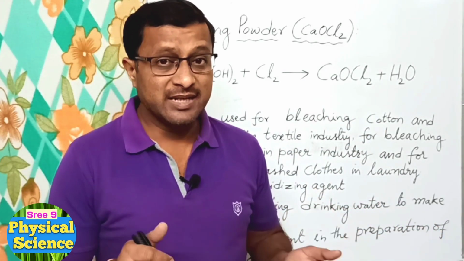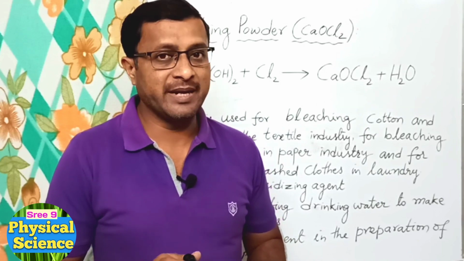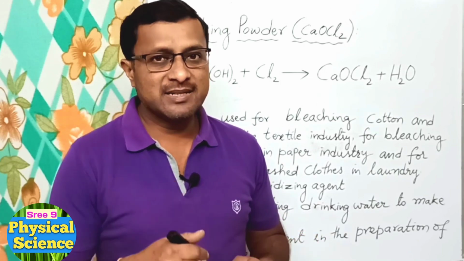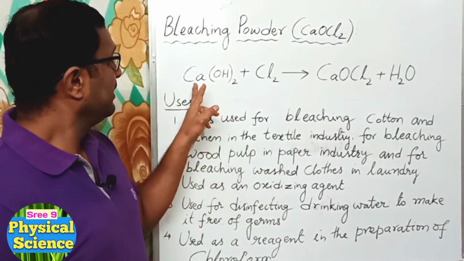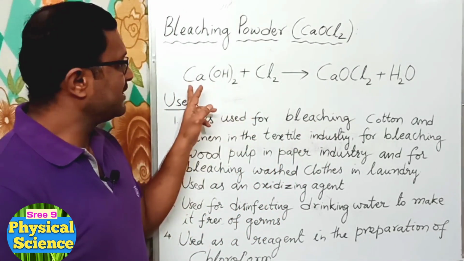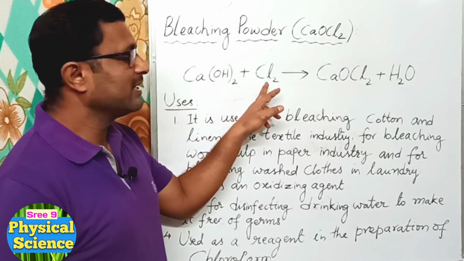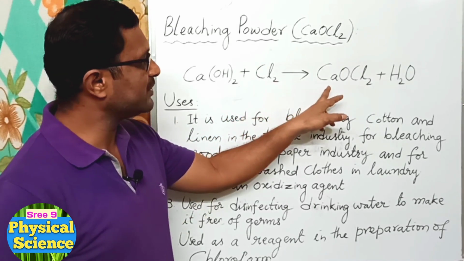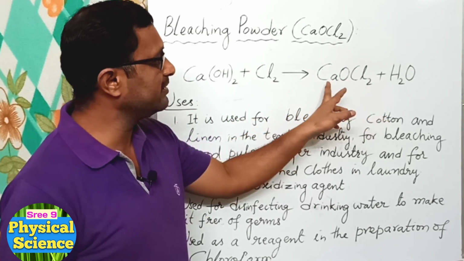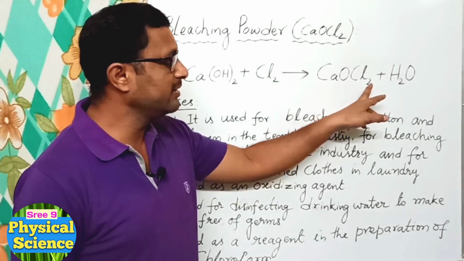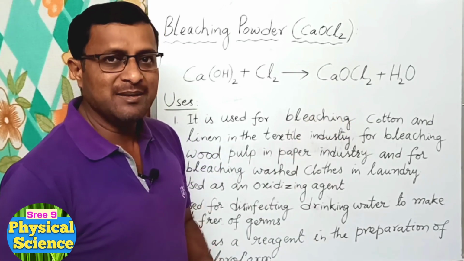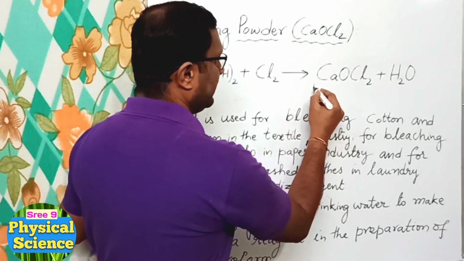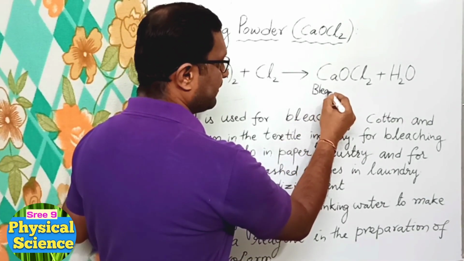Now let us see how bleaching powder is prepared by understanding the chemical equation given here. This is slaked lime, calcium hydroxide, plus chlorine gas, which gives rise to CaOCl2, that is calcium oxychloride, and water. This is bleaching powder.